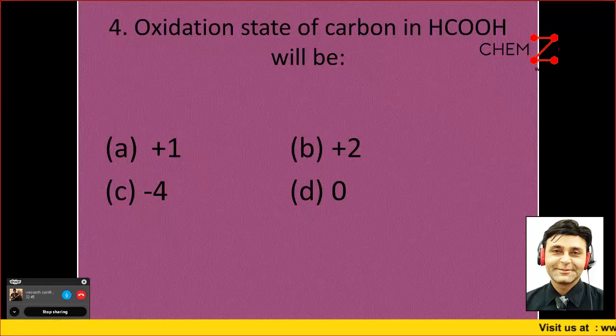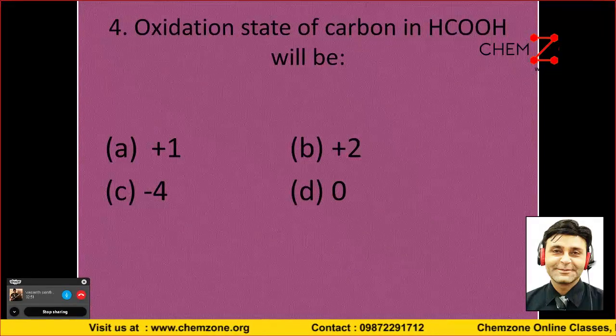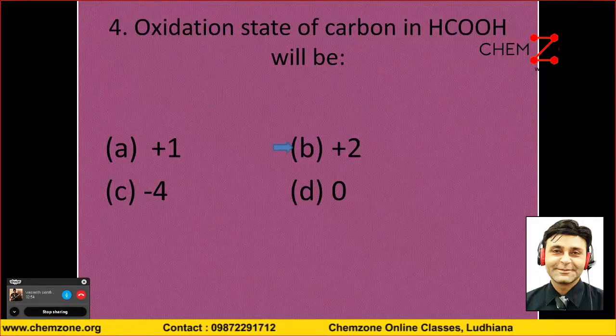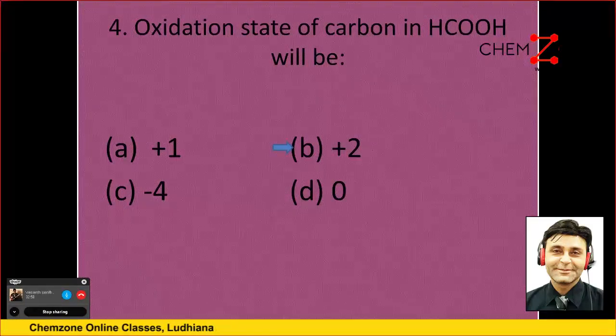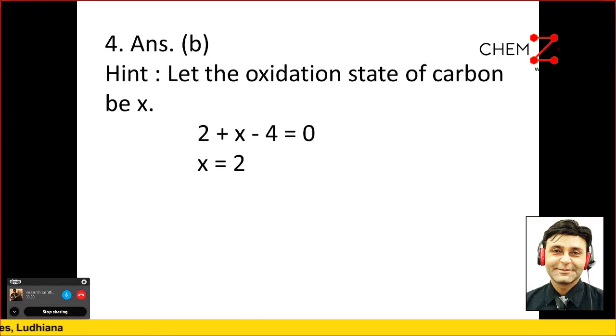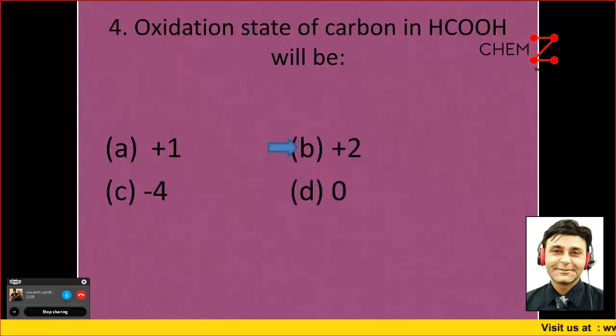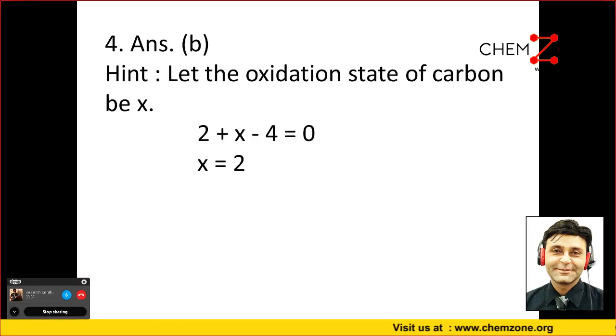A. Hello? Option A. B. For the 2 hydrogens, right? For the carbon, putting an X, and minus 2 for the oxygen, minus 2 into 2 is 4.